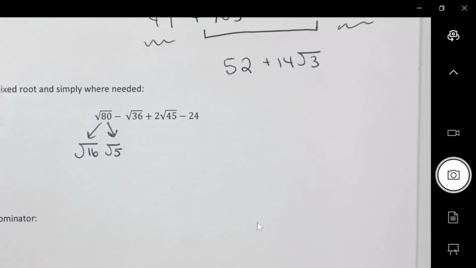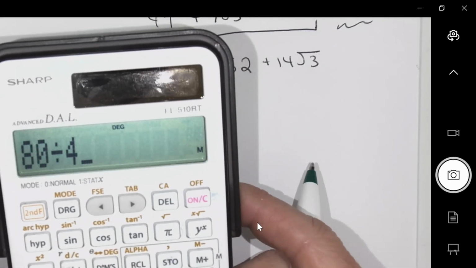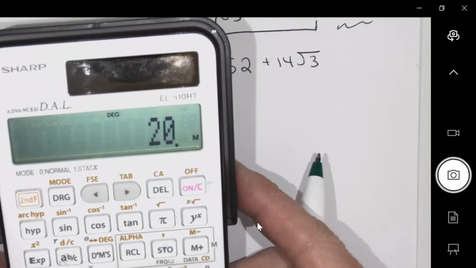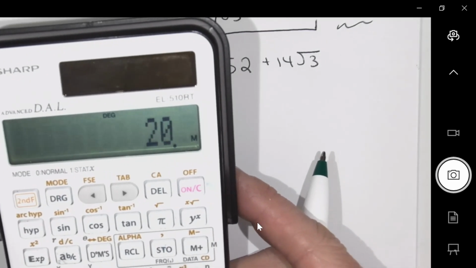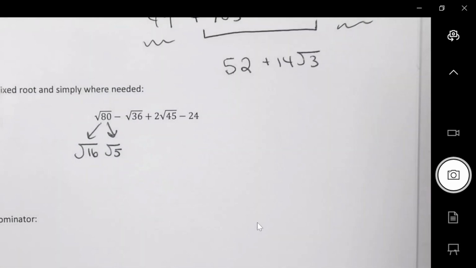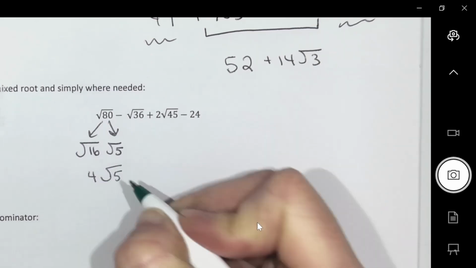If you had picked 4, that's fine, but then 20 also would have to break down by 4. So then you'd have to do 2 breakdowns. So you always want to try to pick the biggest one. So this is 4 root 5.